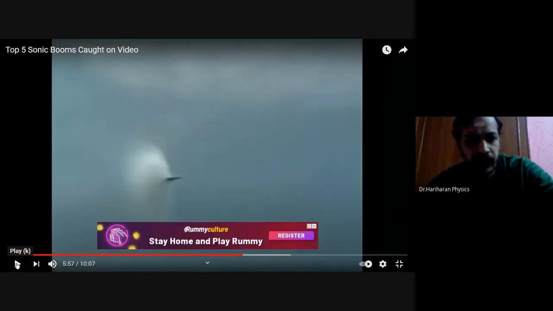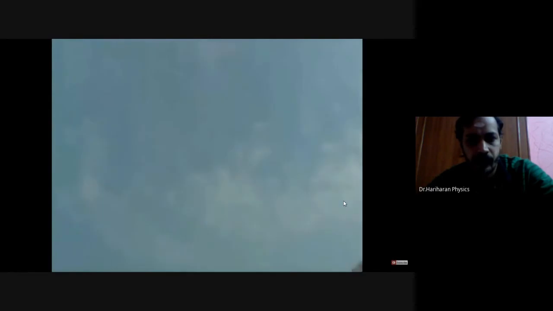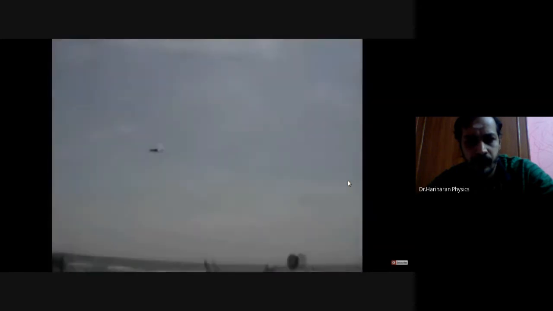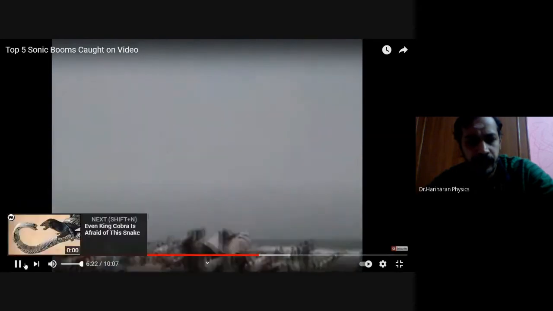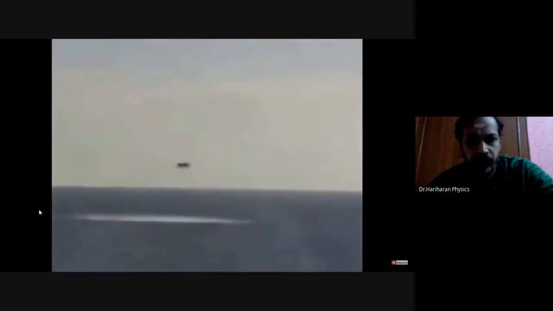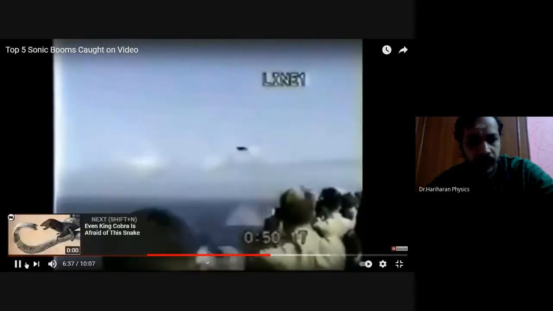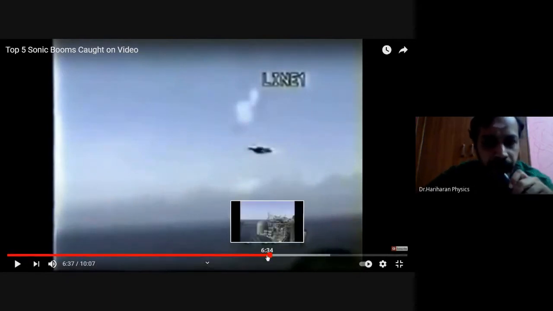Here is again one more instance. Can you see in this photograph that it leads to sudden expansion of gases, that white cloud, that we call shock waves.